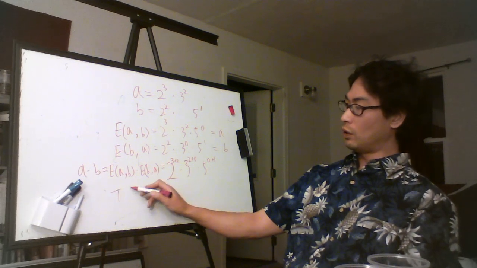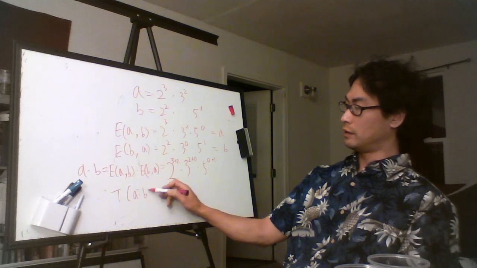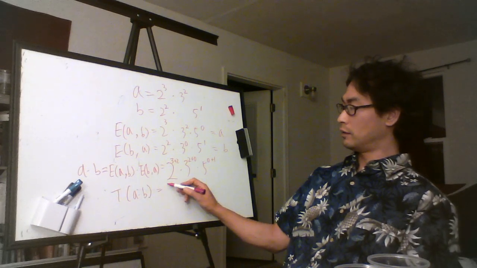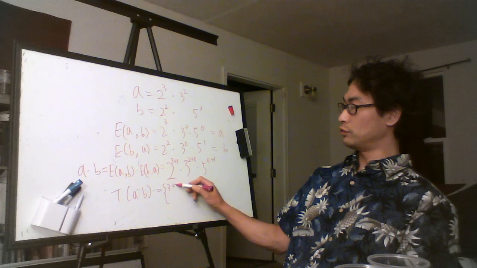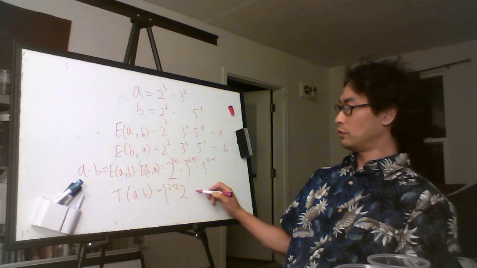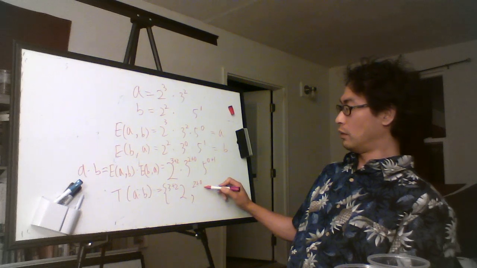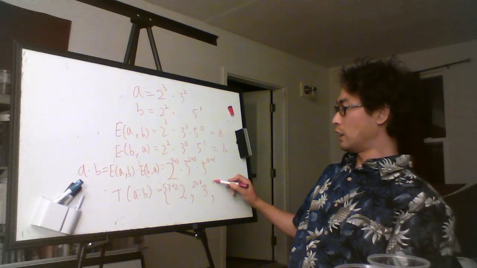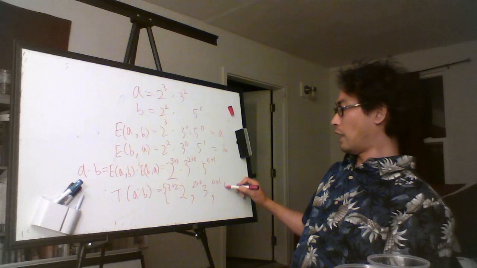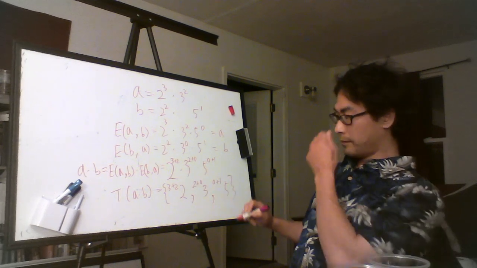So T of a times b is equal to what? 3 plus 2 of 2, comma, 2 plus 0 of 3, comma, 0 plus 1 of 5.